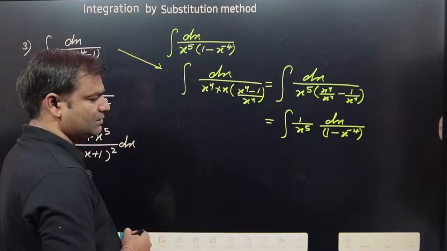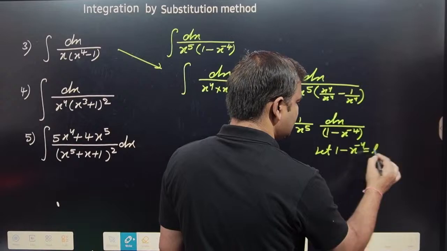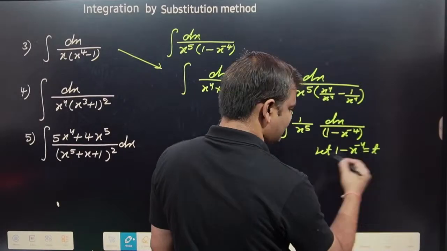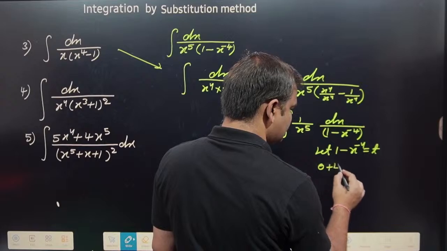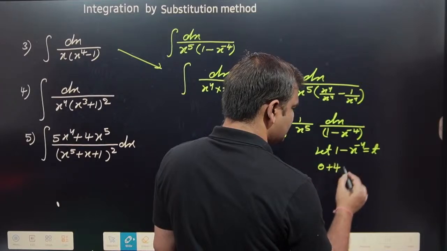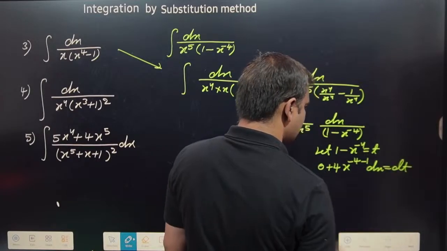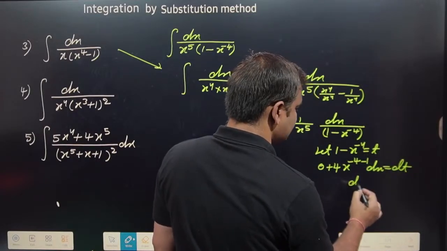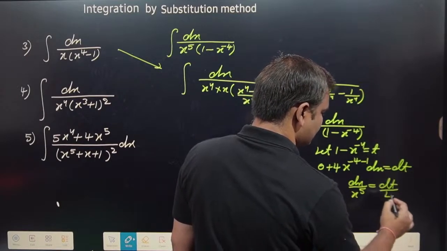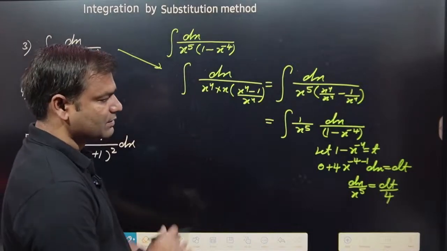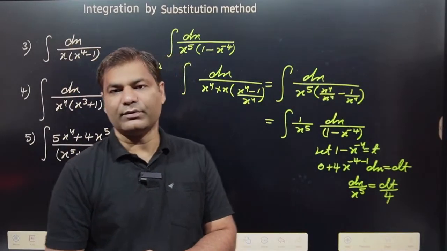After that, let 1 minus x to power minus 4 be equal to t. If we differentiate this, we get 0 plus 4 into x to power minus 4 minus 1 dx equal to dt. So dx divided by x to power 5 is equal to dt by 4.